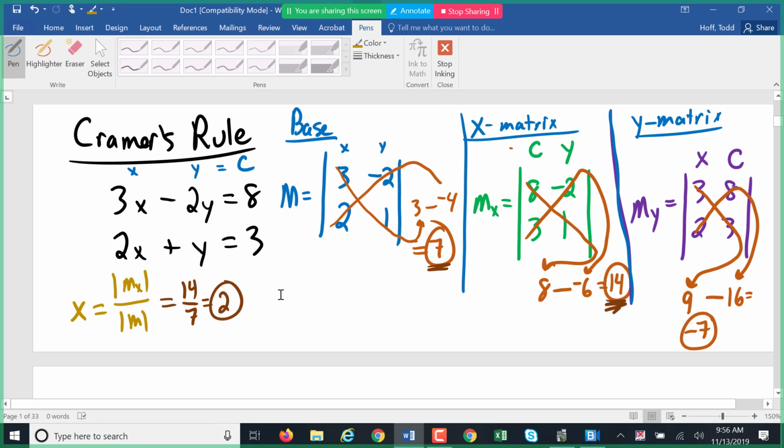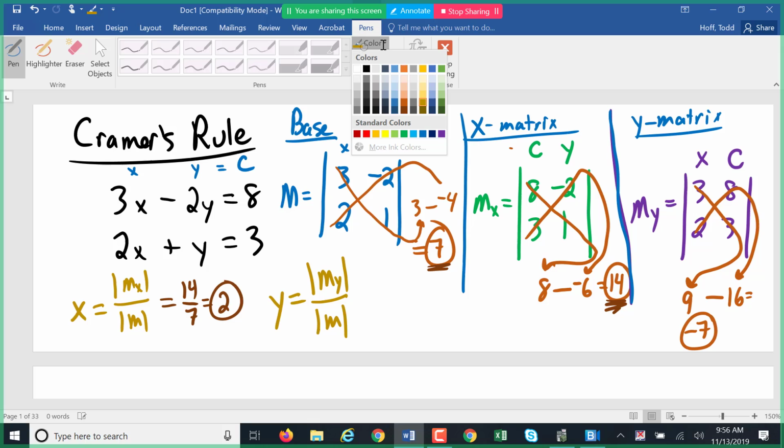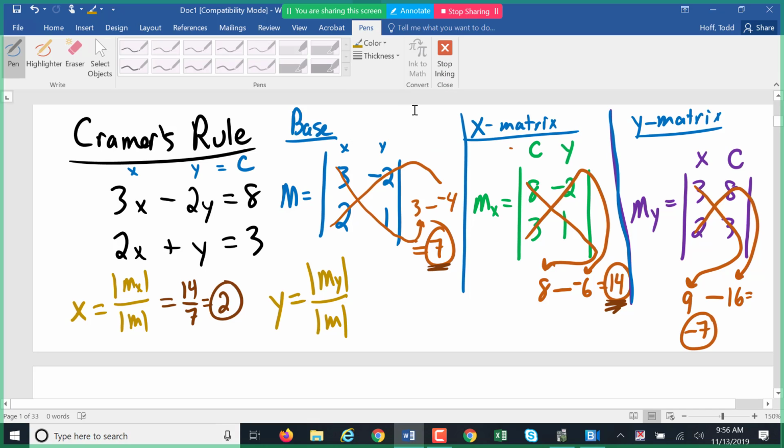Cramer also determined, you can probably guess what's coming here, that the value for the Y variable was the determinant of the Y matrix divided by the determinant of the base matrix. So the Y matrix has a determinant of -7. The base matrix has a determinant of +7. -7 divided by +7 is a -1.